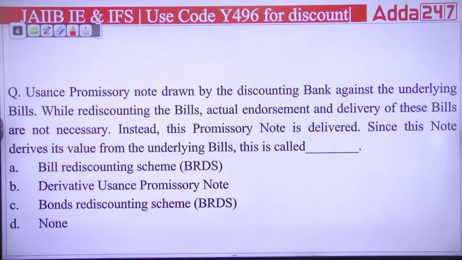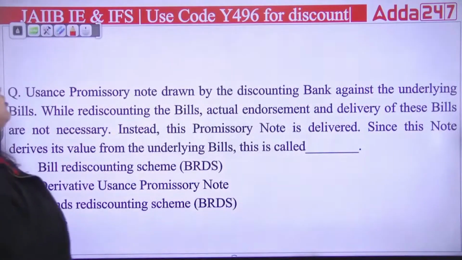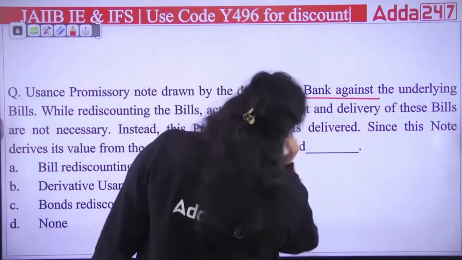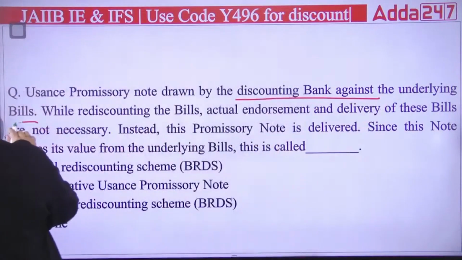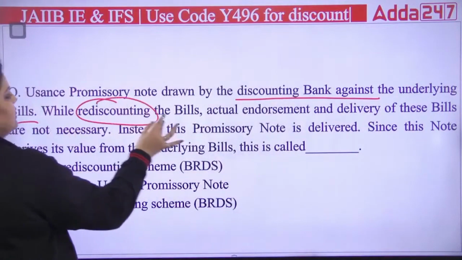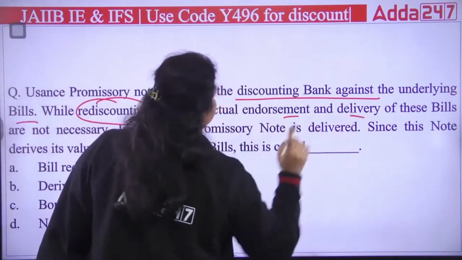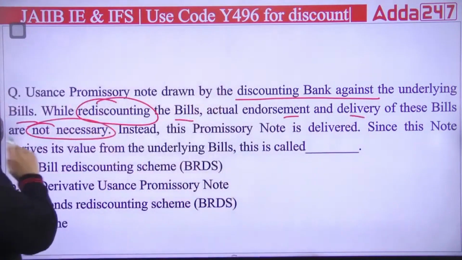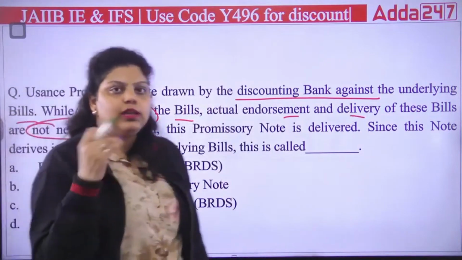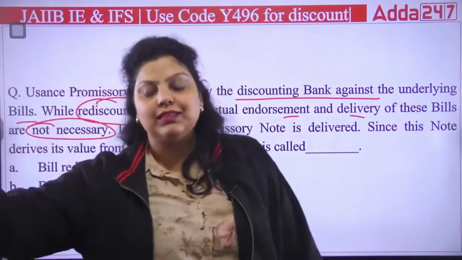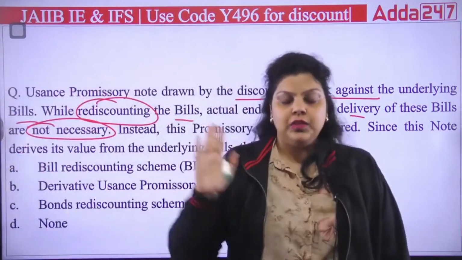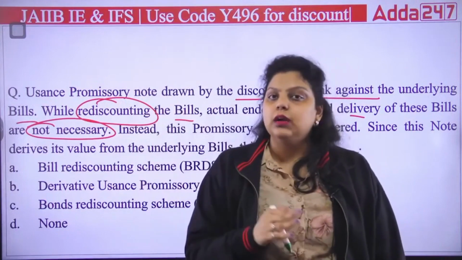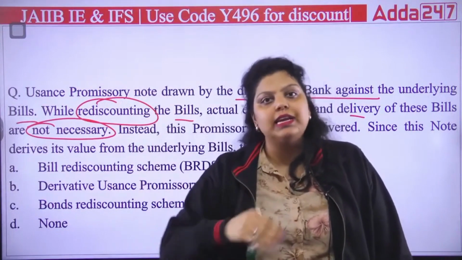Next question. A usance promissory note drawn by the discounting bank against the underlying bills, where rediscounting the bills, actual endorsement and delivery of these bills are not necessary. So let's say first the bank has discounted the bill of a client. Now the bank went to another bank or financial institution to rediscount that bill.